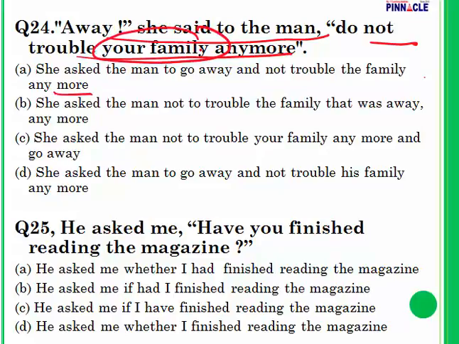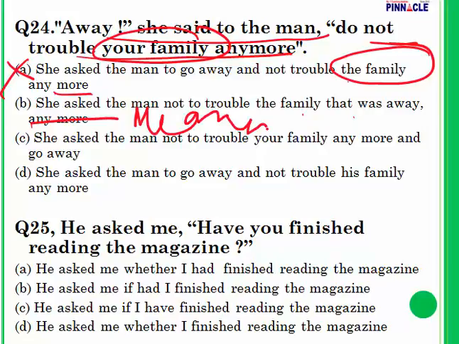So your family had to change to his family, which has not changed. So option A gets eliminated. Now let's take a look at B. He asked the man not to trouble the family that was away anymore. Meaning has changed completely, so this also gets eliminated.